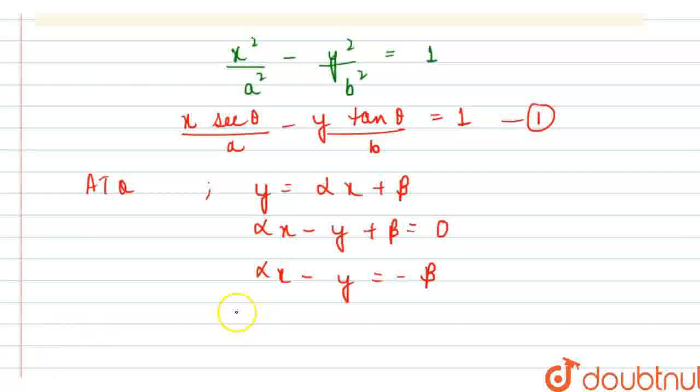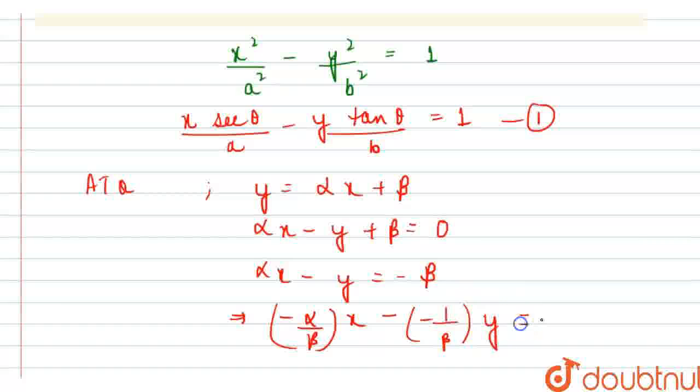So we can also rearrange it as minus of alpha upon beta into x minus of 1 upon beta into y is equals to 1. This is equation number 2.